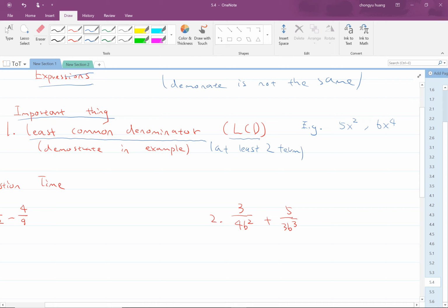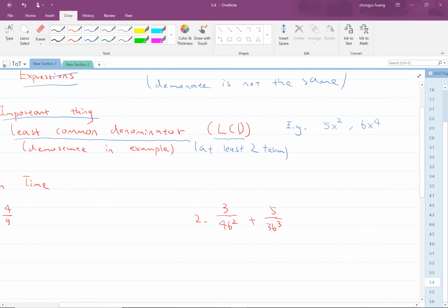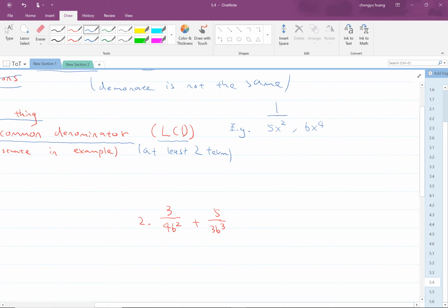That's the minimum. Suppose we have 1 over 5x squared, and another term, 1 over 6x to the power 4th. Then we want to find the least common denominator.